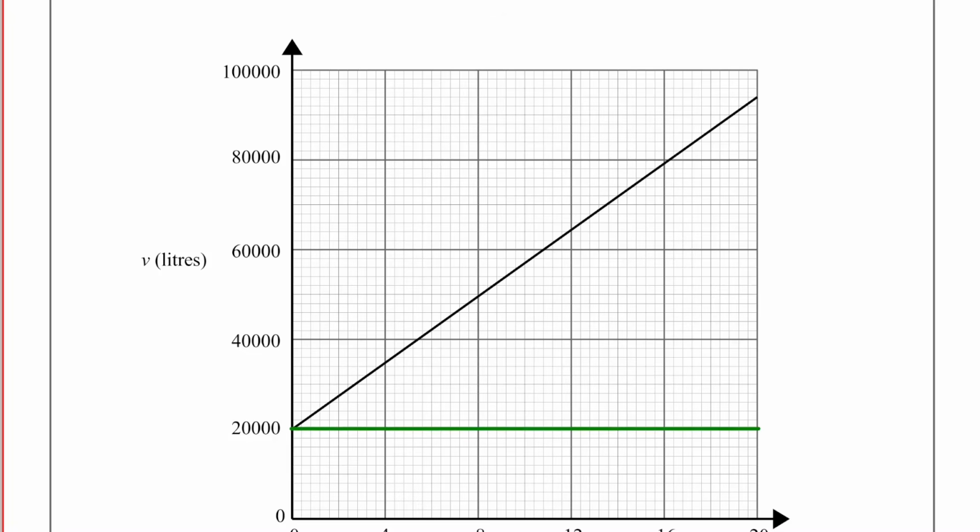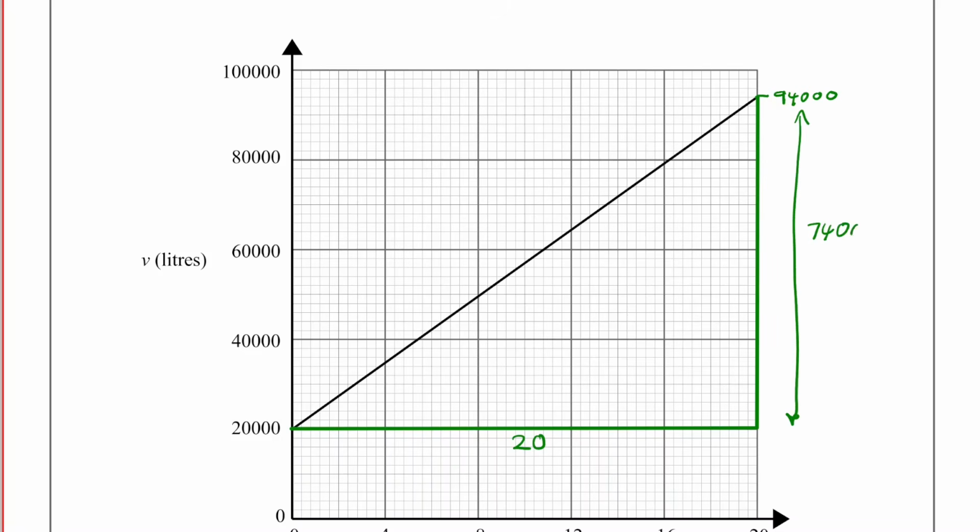So we've got 20 hours the whole way across. How many litres have gone in? It's gone from 20,000 to 94,000. So it's gone up by 74,000.